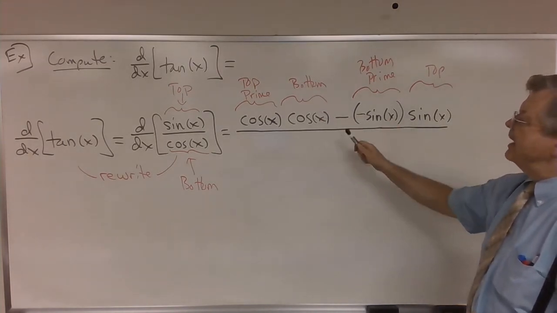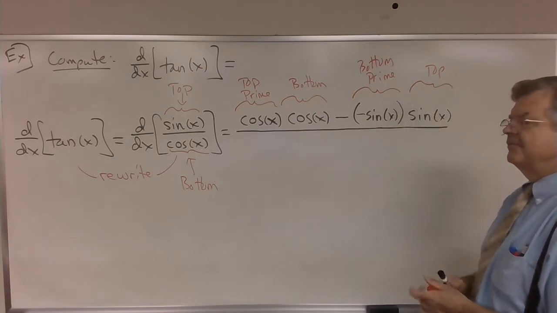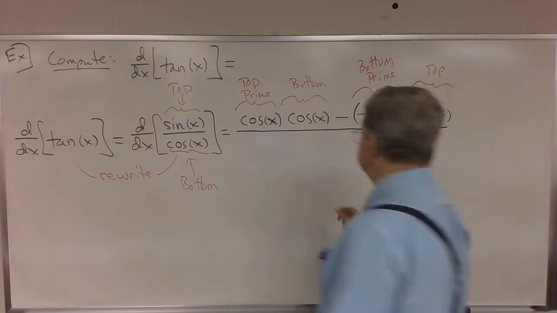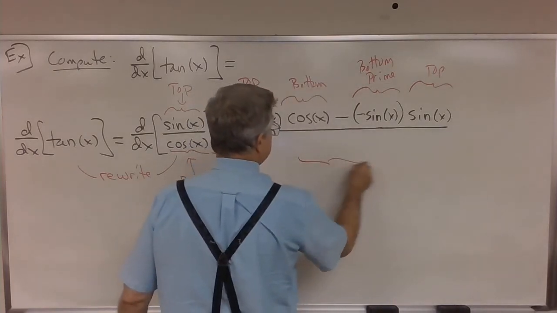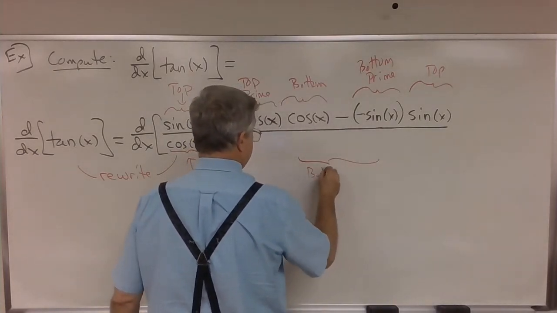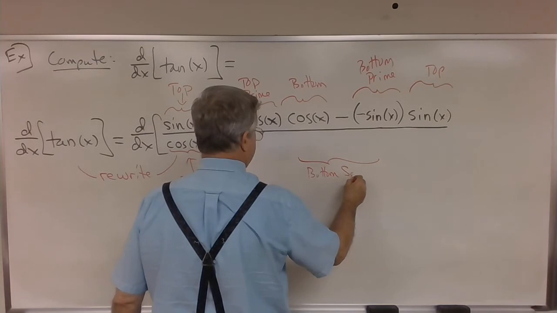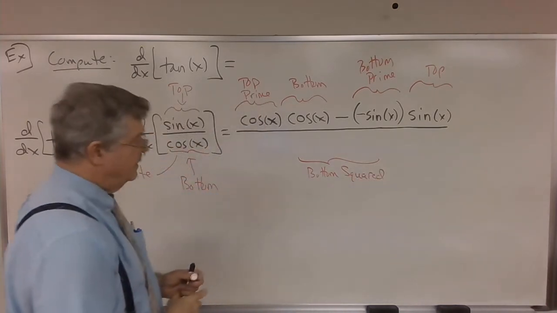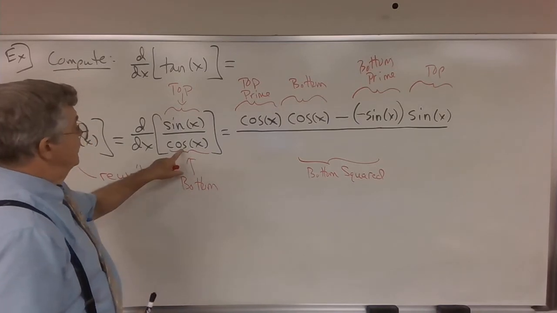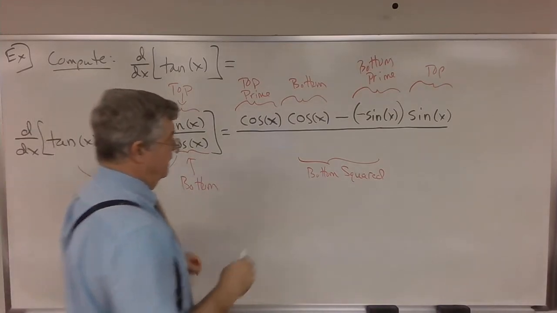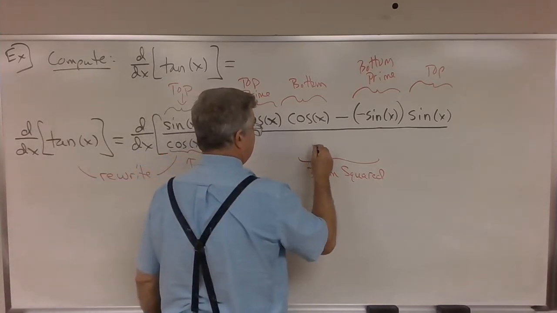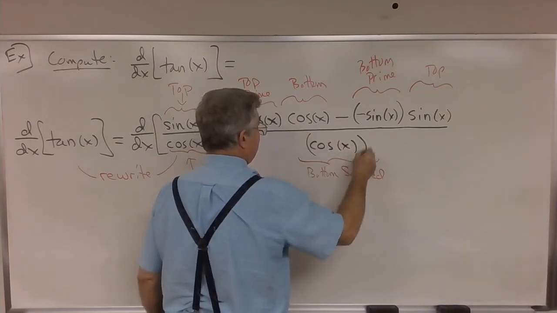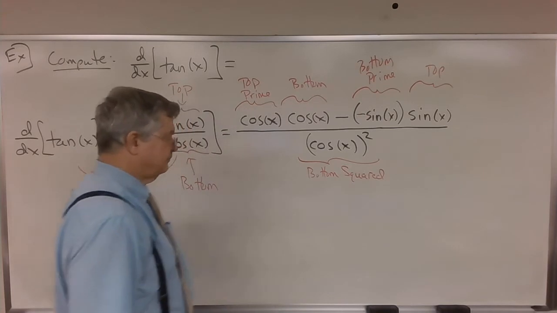Top prime times bottom minus bottom prime times top, all over the bottom squared. Okay. I need the bottom squared here. Cosine x squared. There we go.